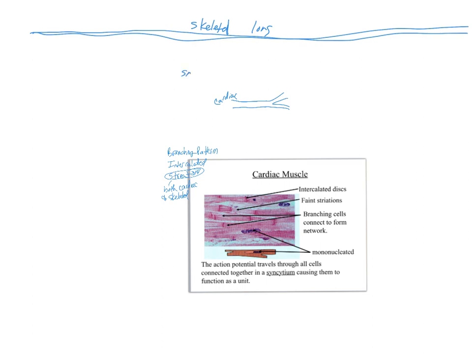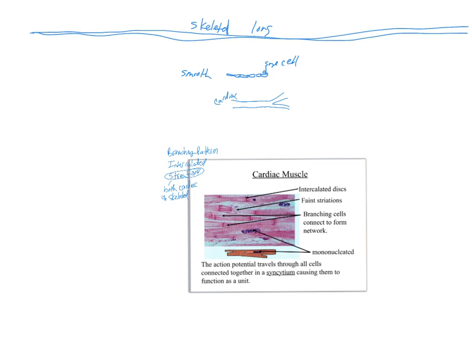Then you've got smooth, and smooth muscle is going to be kind of like that. So that's a cell. That's another cell right there. There's another cell there, and another cell there. Each one of those is a single cell. So smooth muscle cells are really tiny in comparison to cardiac or skeletal.